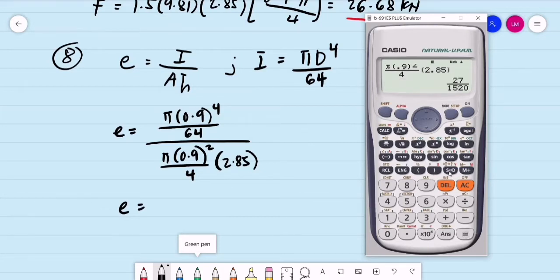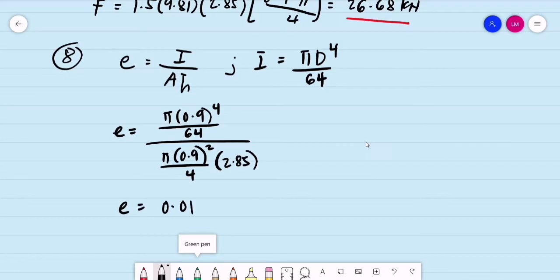Equal to 0, gawin natin 3 decimal, 0.018 meter. Okay? So, yun yung eccentricity.